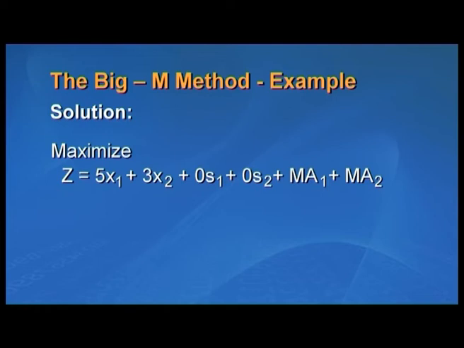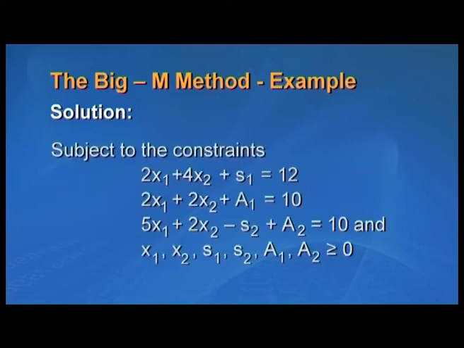Maximize z equal to 5x1 plus 3x2 plus 0 s1 plus 0 s2 plus Ma1 plus Ma2, subject to the constraints 2x1 plus 4x2 plus s1 equal to 12, 2x1 plus 2x2 plus a1 equal to 10, 5x1 plus 2x2 minus s2 plus a2 equal to 10, and x1, x2, s1, s2, a1, a2 greater than or equal to 0.